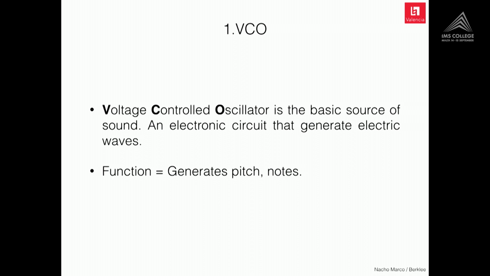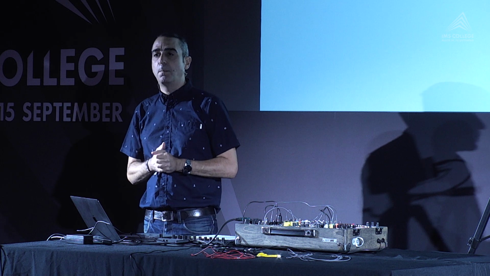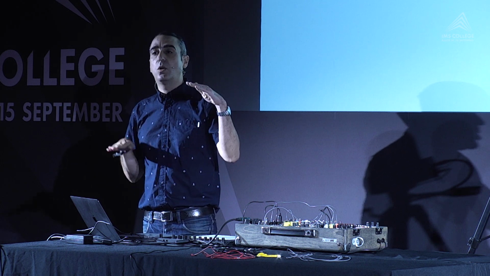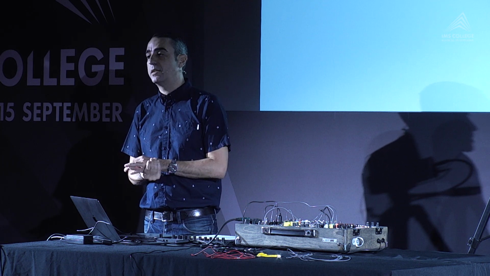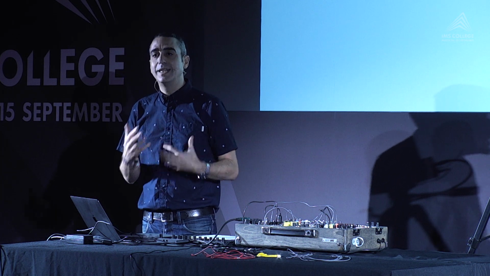And we're going to do it by using a VCO, an oscillator that is going to be generating compressions and rarefactions that, depending on the velocity that I make them oscillate, the resultant is going to be a higher or a lower pitch. Okay? So the oscillator is going to let us control the tune of what we are designing.